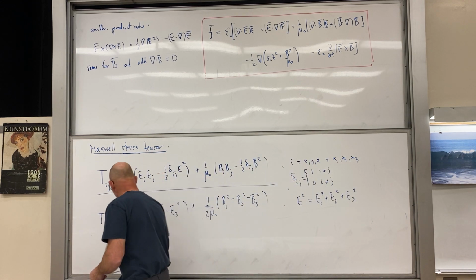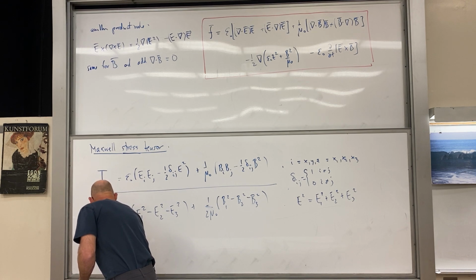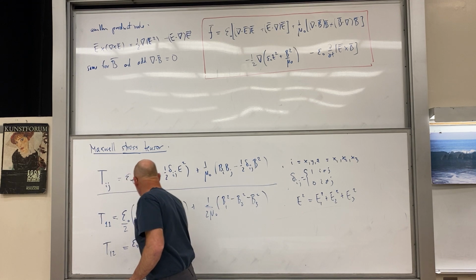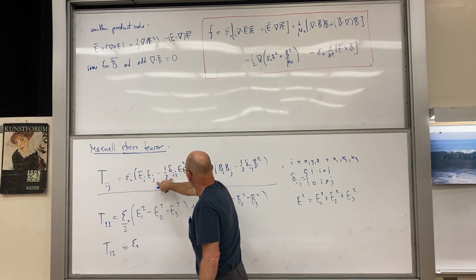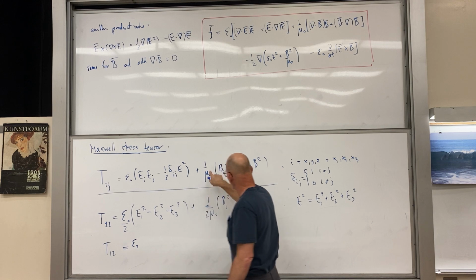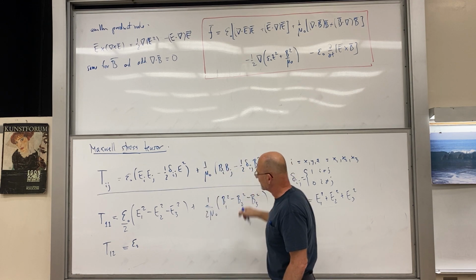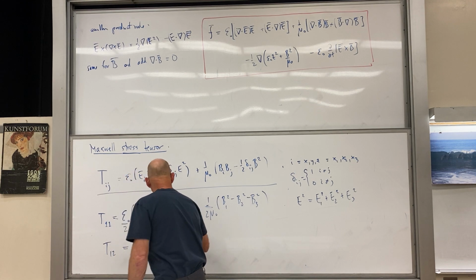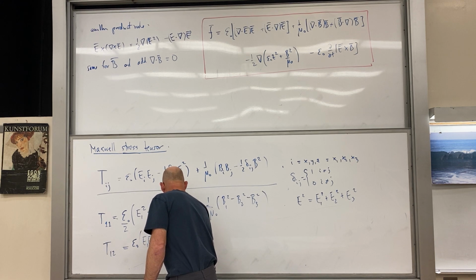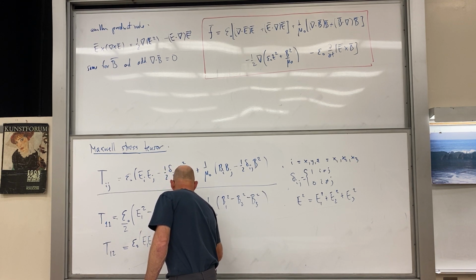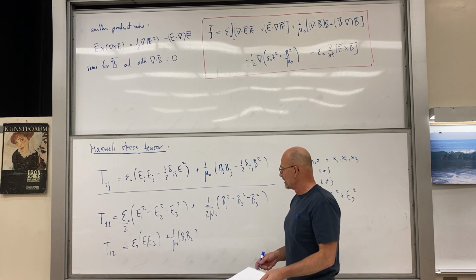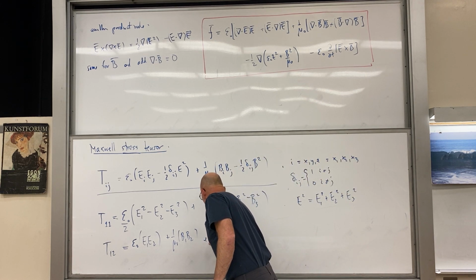For a single off diagonal, say T sub 1,2, you've got epsilon naught E1 E2, nothing here, and 1 over mu naught B1 B2, nothing here. So T12 is epsilon naught E1 E2 plus 1 over mu naught B1 B2. So the off diagonals are simpler, and I'm just going to write etc.